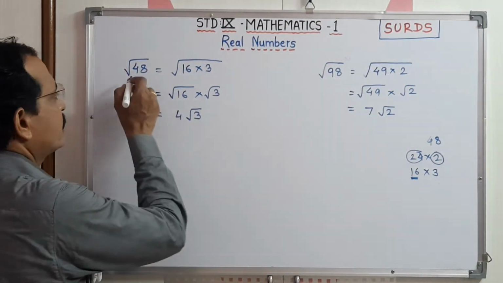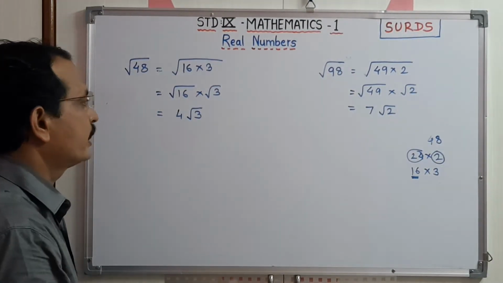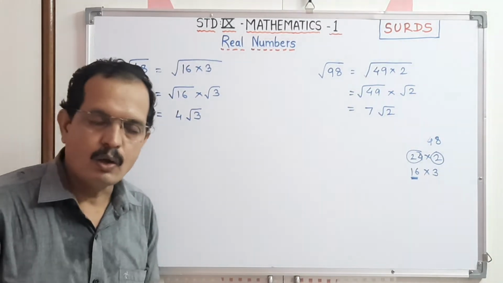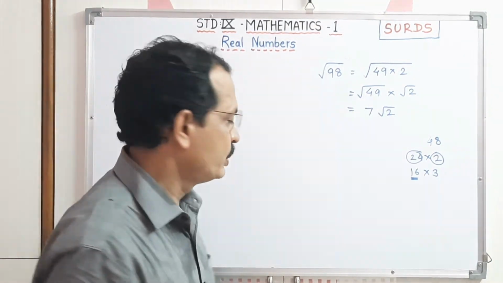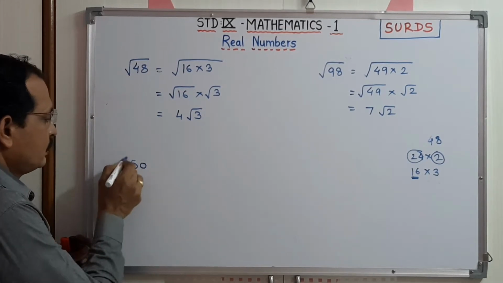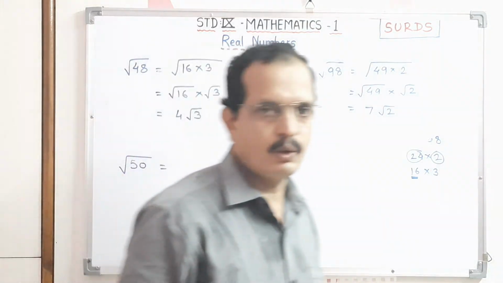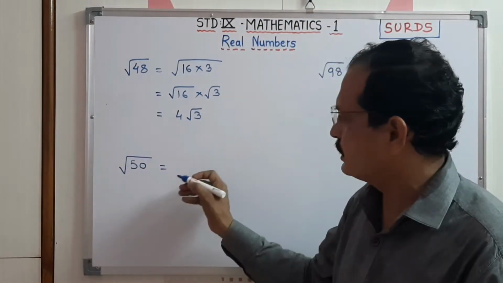We have to factorize so that a perfect square is there, and like this we can write the simplest form. Suppose I write here root 50. How can we factorize this?